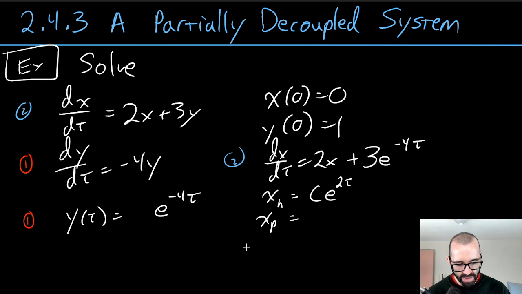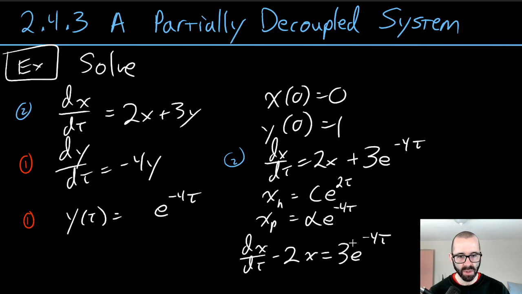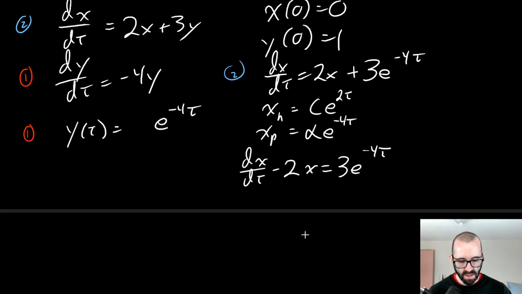So, what do we have? We have dx/dt minus 2 times x needs to equal 3e^(-4t). What form do you think our answer is going to be? Our answer is going to be in the form of some constant times e^(-4t). That's what it has to be for this to work out. So then we can just take the derivative of this.